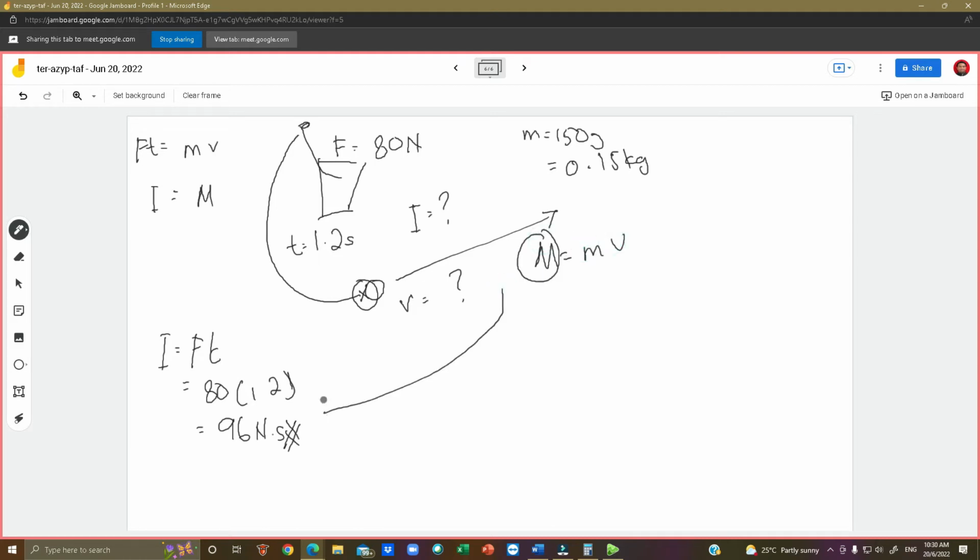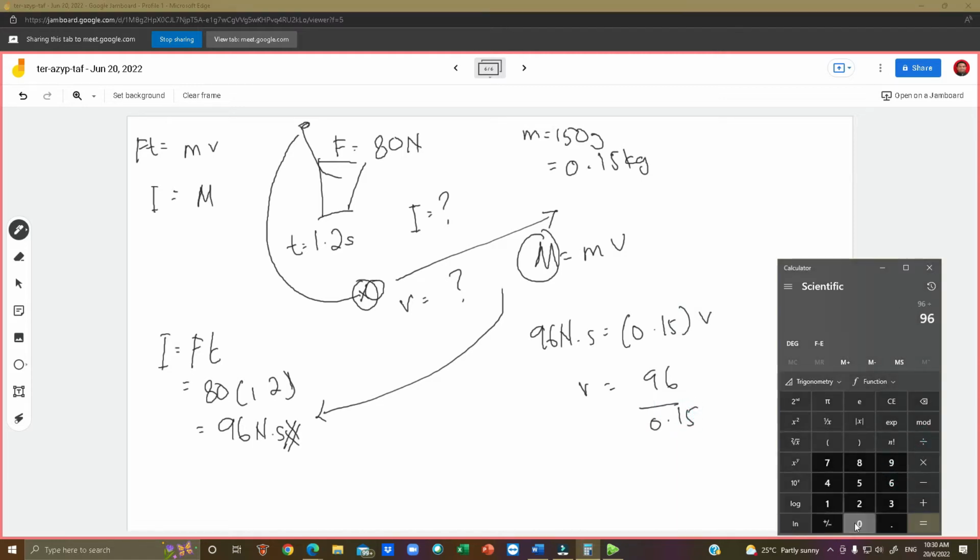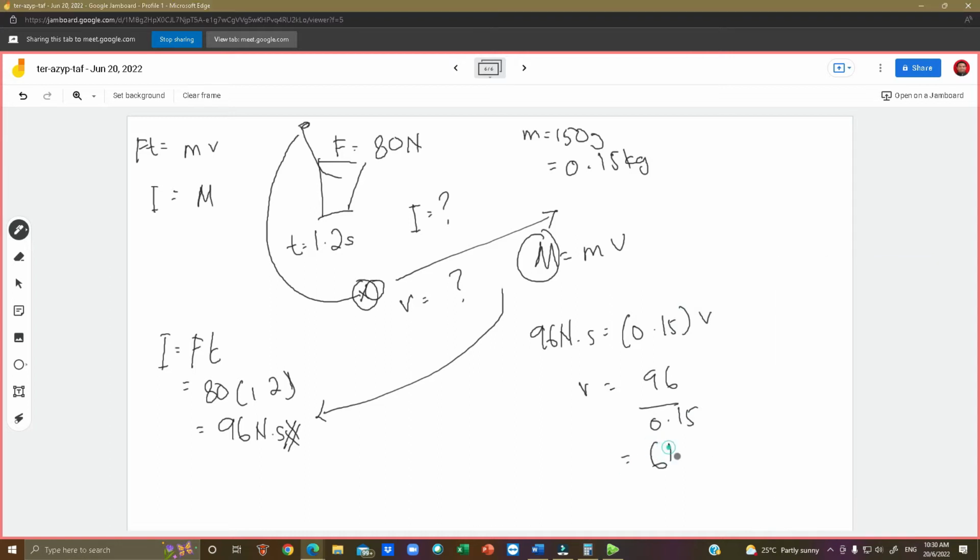Equal to the amount of impulse, 96 Newton per second equals to mass of the ball, 0.15 v. So v will be 96 over 0.15. Berapa? Equals to 640 meter per second.